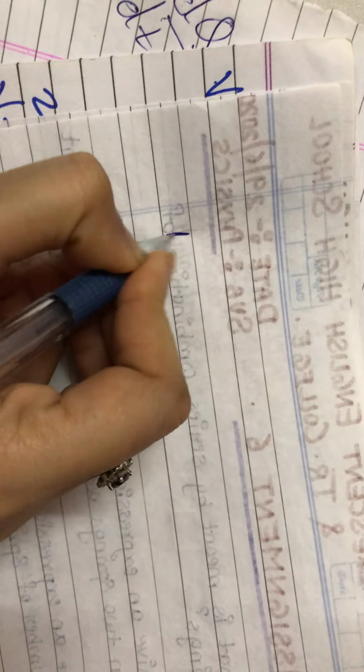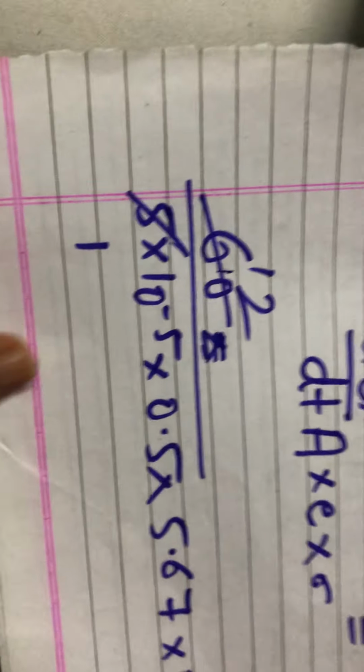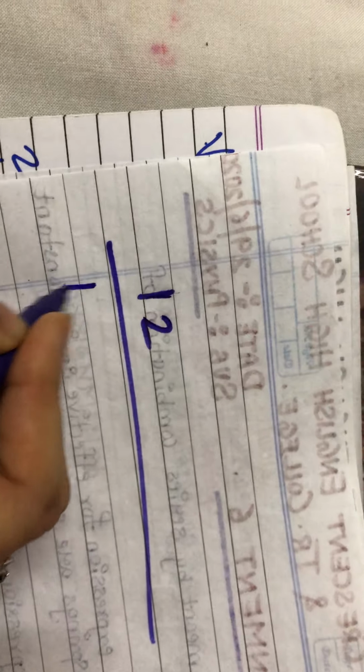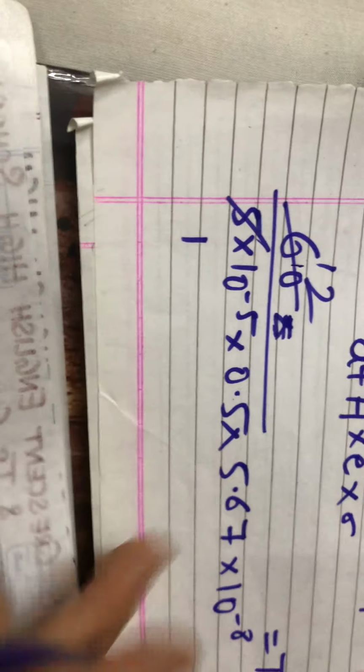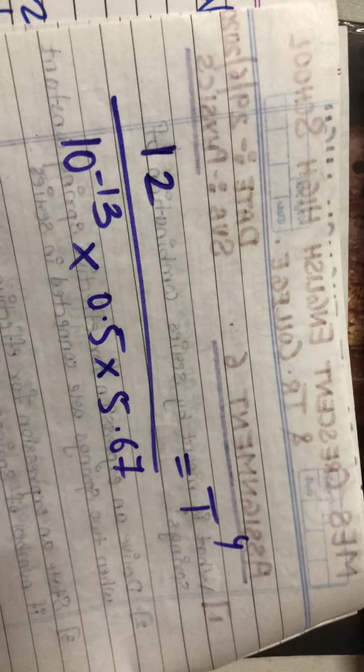It is 12 in the numerator upon 10 raised to minus 5, 10 raised to minus 8 gives me 10 raised to minus 13, into 0.5 into 5.67, is equal to T raised to 4.